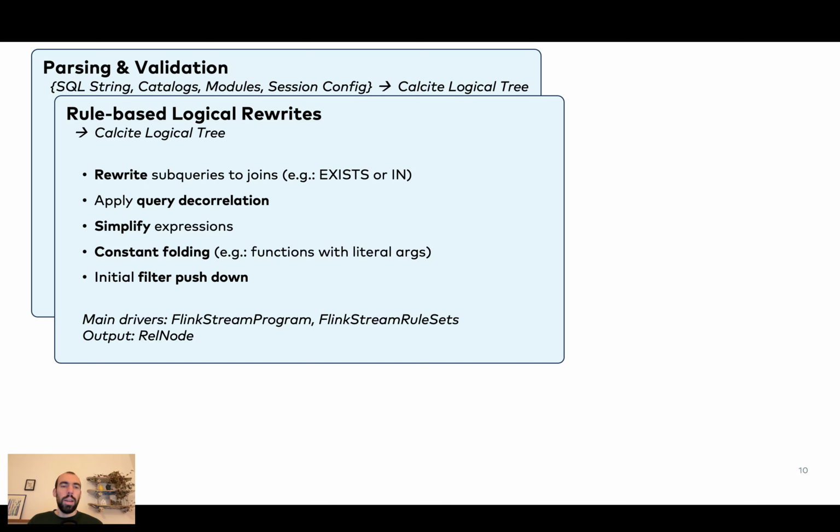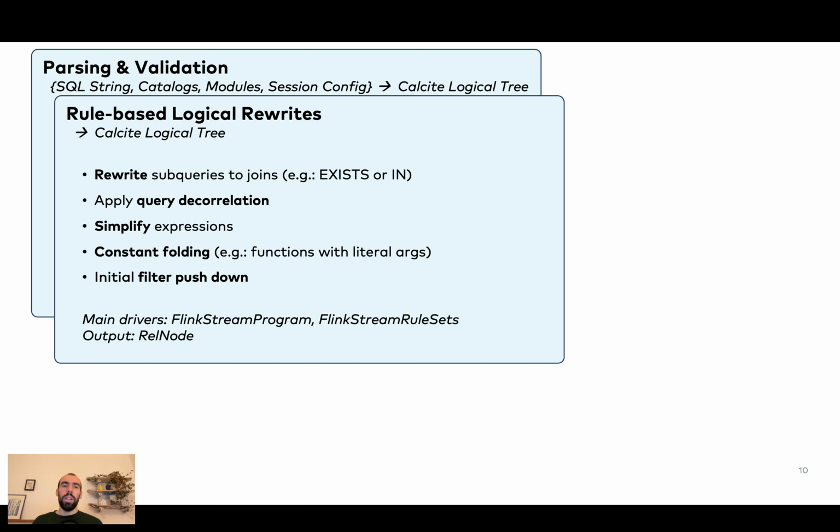Also, we apply typical query decorrelation rules that you can also find in research papers, because Flink doesn't support any kind of loops during runtime. So these correlated subqueries need to be decorrelated. We already start with simplifying expressions. For example, if you do a 1 plus 1 in SQL, there is no need to execute this 1 plus 1 during runtime.